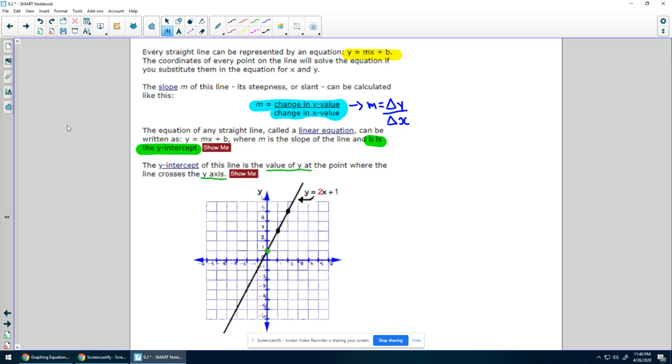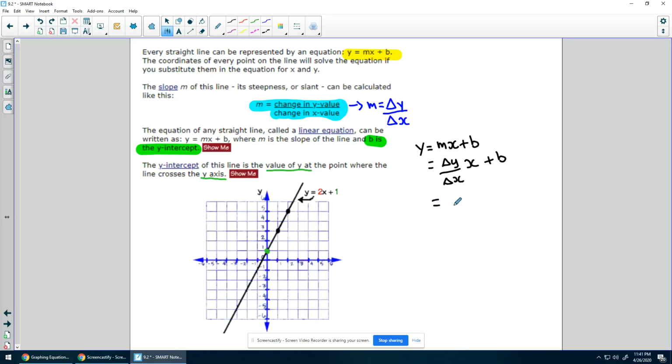So here, looking at these points, we are going to find y equals mx plus b. So remembering, m is the change in y over the change in x plus b, which is the y-intercept.